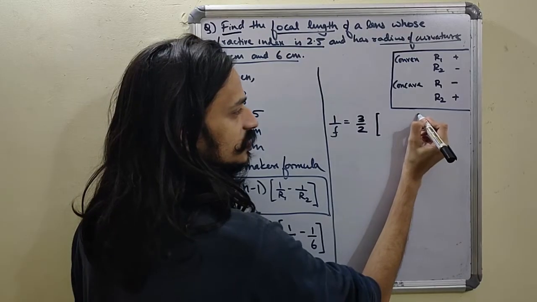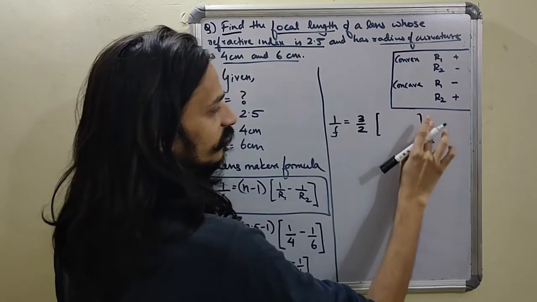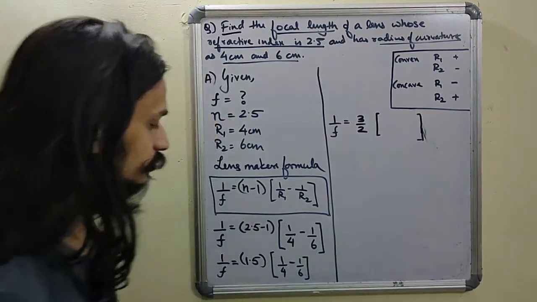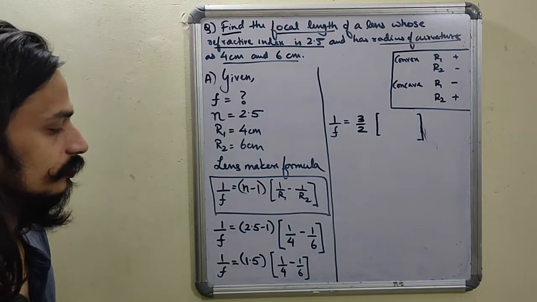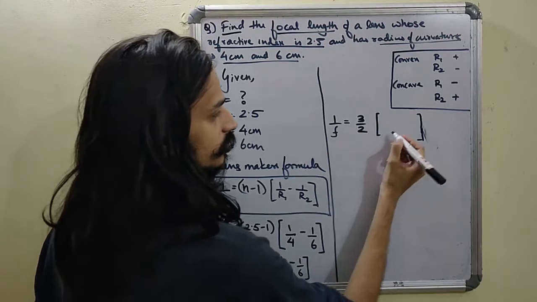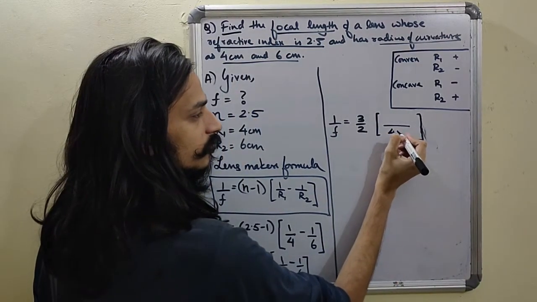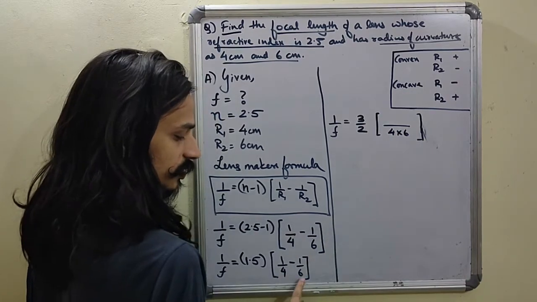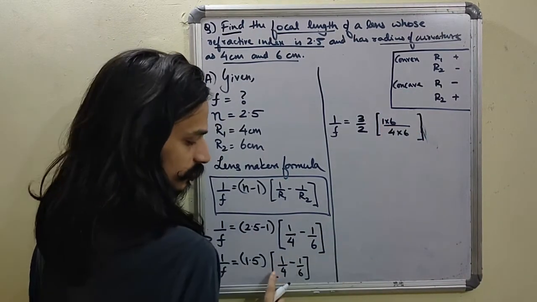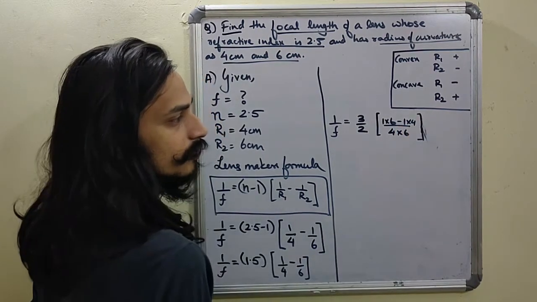For this, I need to take LCM or do butterfly method, anyone is fine. So let's do butterfly since it's small numbers. At the bottom I will do 4 into 6. On the top I crisscross 1 into 6 minus 1 into 4.